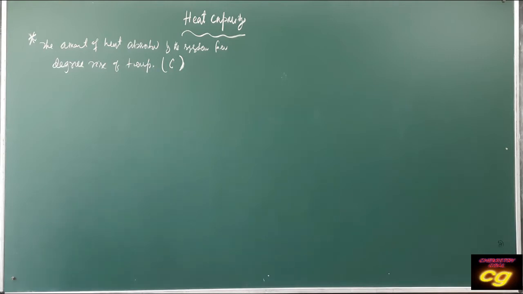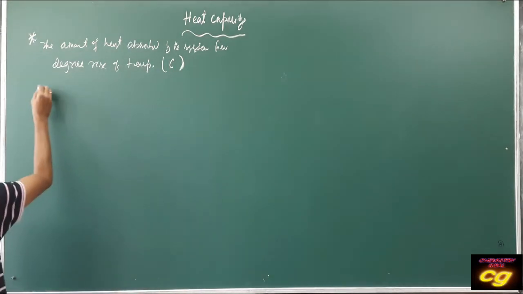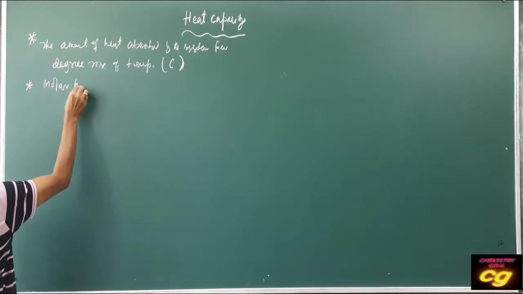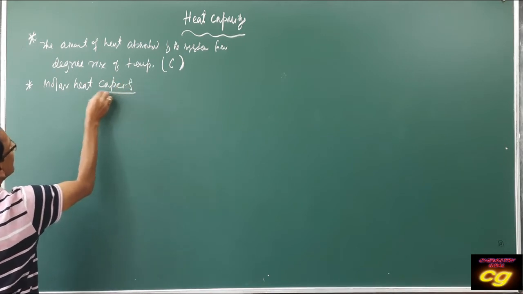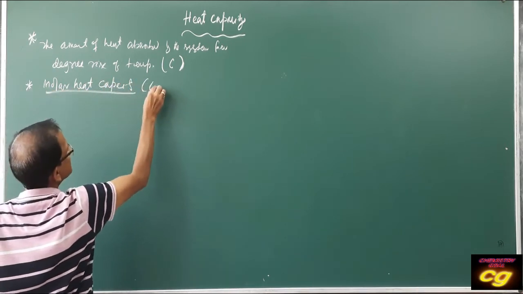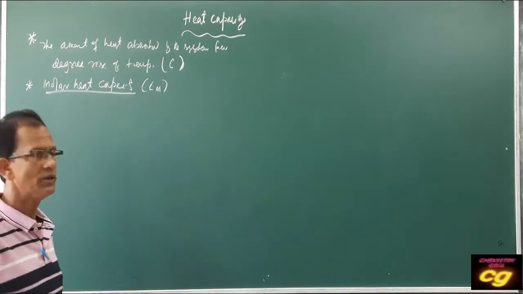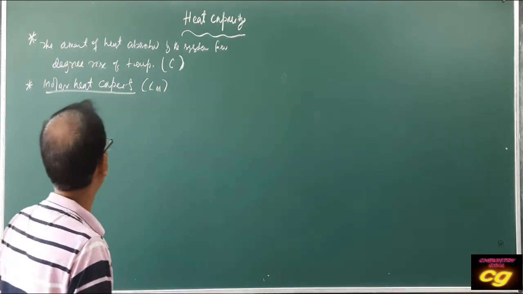But what is the meaning of molar heat capacity? Molar heat capacity is equal to Cm, where m means molar, that is, per mole.